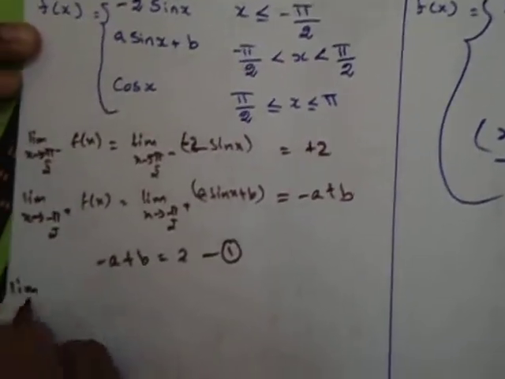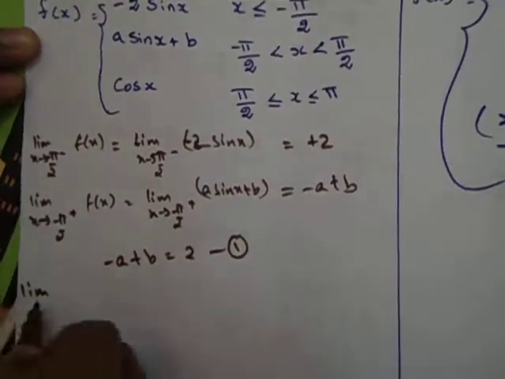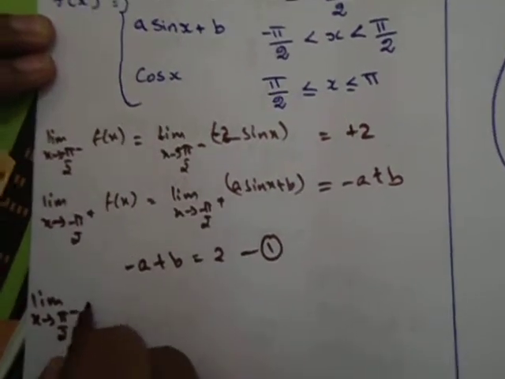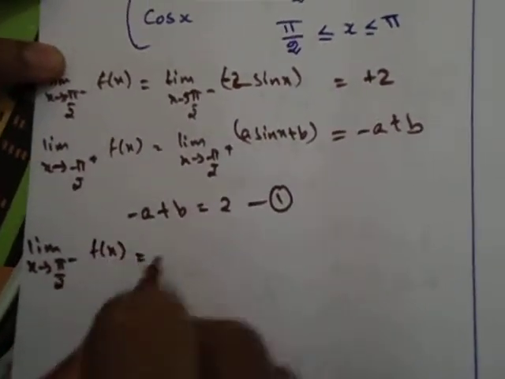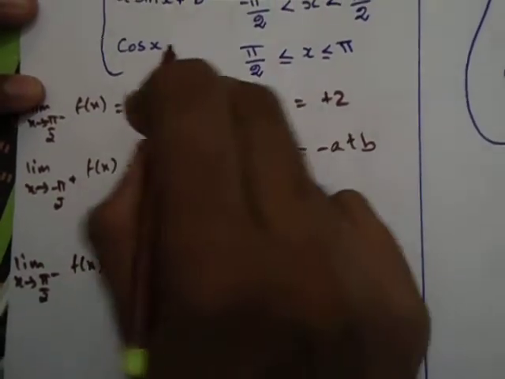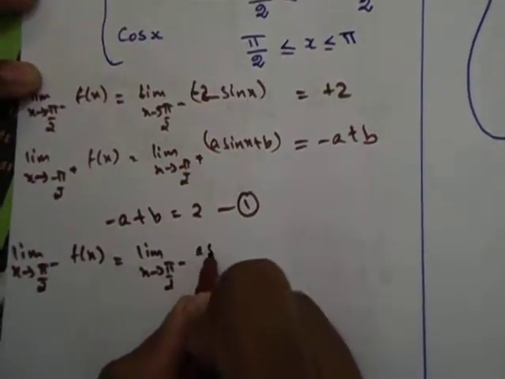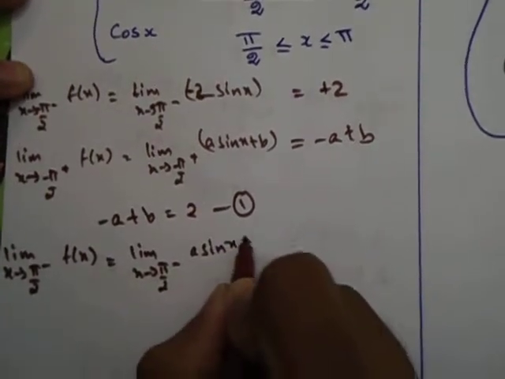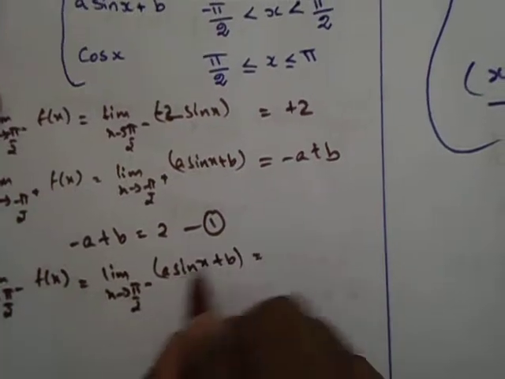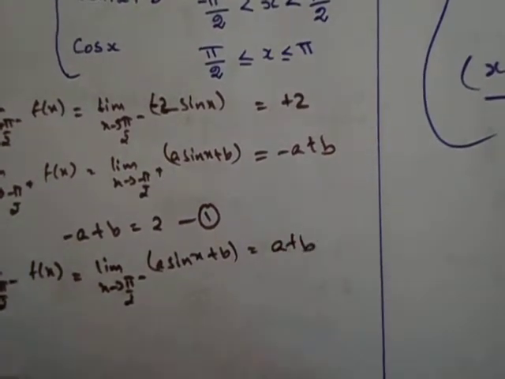Then we have the limit at pi by 2, where the left and right limits should be equal. Limit x tends to pi by 2 minus of f of x is a sin x plus b, that is before pi by 2. Sin pi by 2 is 1, so this is equal to a plus b.